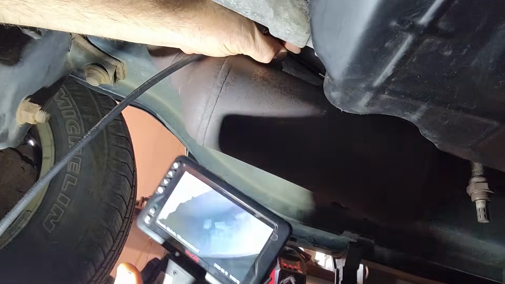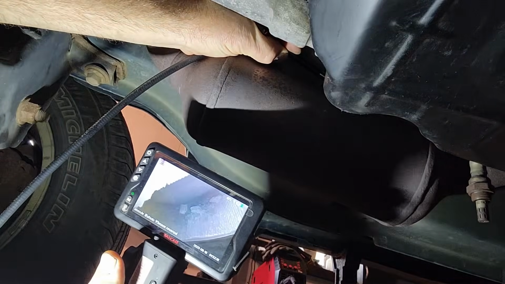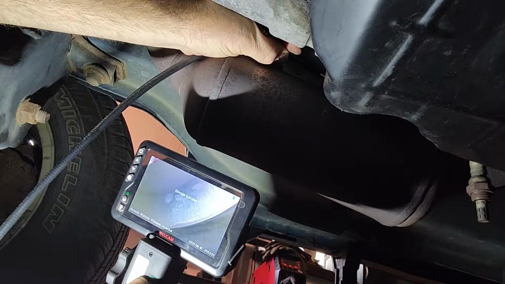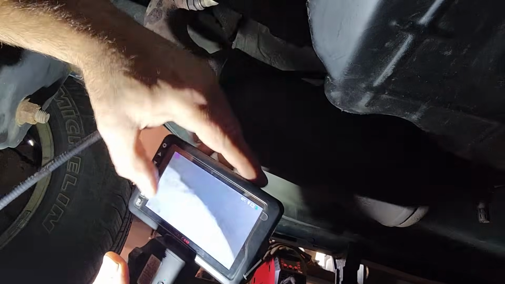Looks like the back of the cat right there. I'm going to just switch it on to movie.